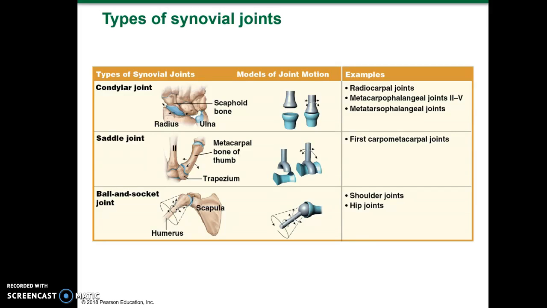Saddle joints, like the first carpometacarpal joints, shown in this picture. And then the well-known ball and socket joint, like at your shoulder or your hip joint. These are all types of synovial joints.